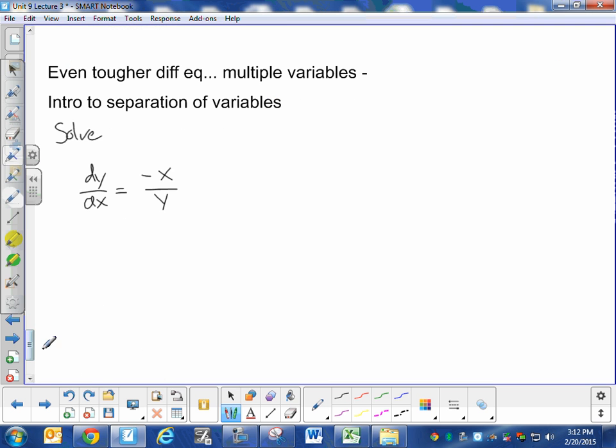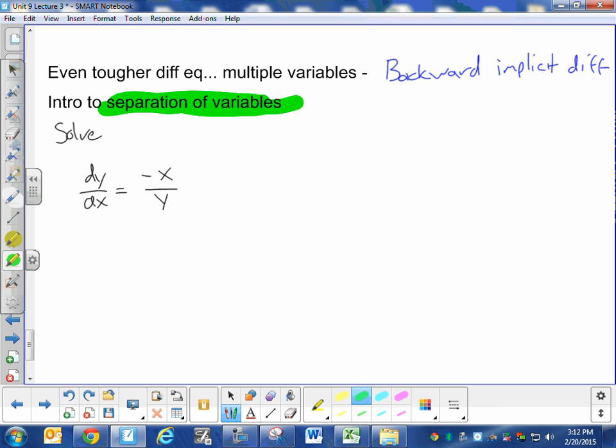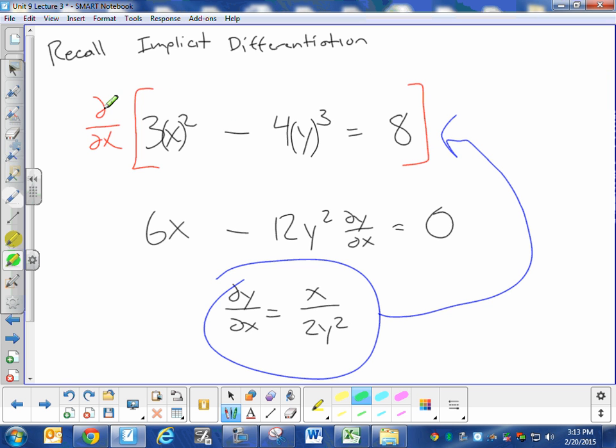And we will have a technique to help us do backwards implicit differentiation. The technique is called separation of variables. It's actually not as hard as you think. You look at this and you're like, oh, how do we go back that way? Just watch.